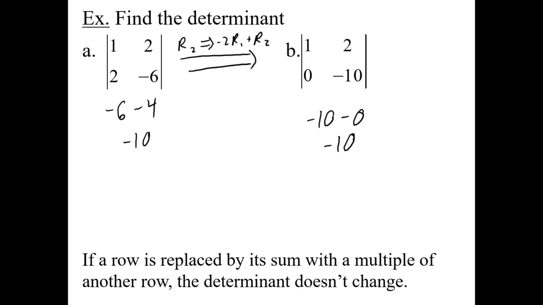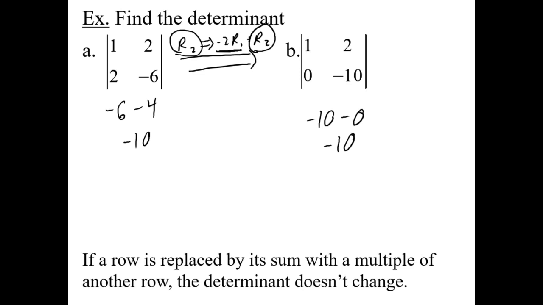Now, this is a little bit nitpicky here, so let's be careful, because I know when we do row operations, sometimes I'll do a couple of steps at once. So please note that the determinant does not change as long as row 2 gets turned into itself plus doing something to a different row. So as long as you don't change row 2, you can add it to any multiple of any other row.